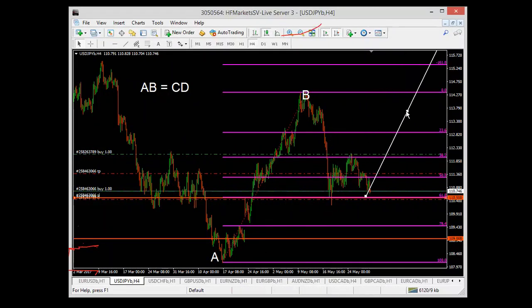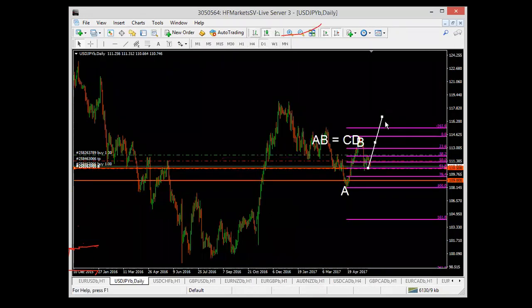So 61.8 is our C. That will be our possible target. If 78.4 will be our C, that could be our possible target. So let's take the price where we are seeing it now at 61.8. We can suggest where to keep our next take profit.